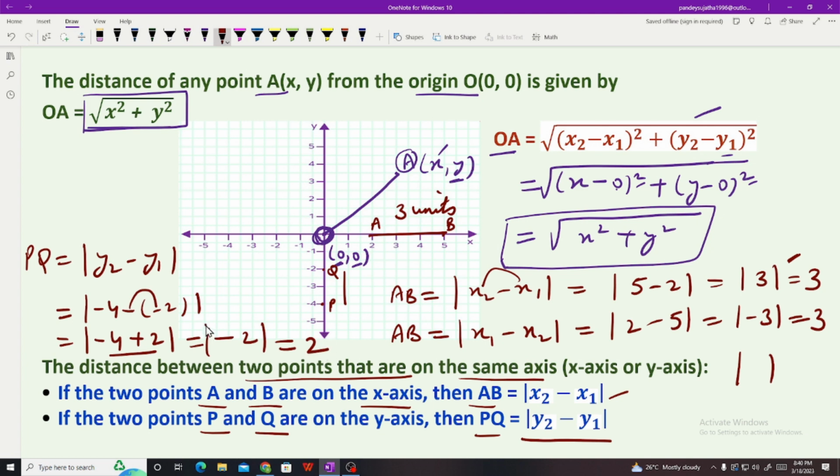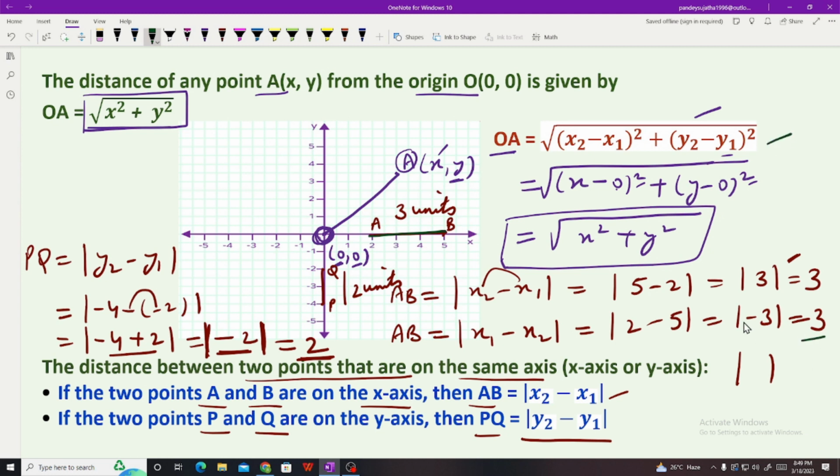As I said, this modulus symbolizes that whether the number is positive or negative, it remains positive, and we have used this symbol because the distance always remains positive. So the distance of these 2 points on the same axis is 2 units.